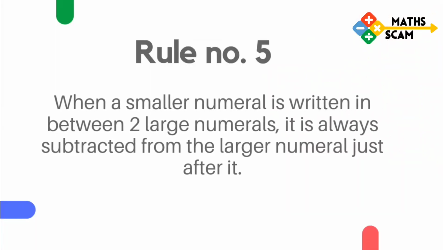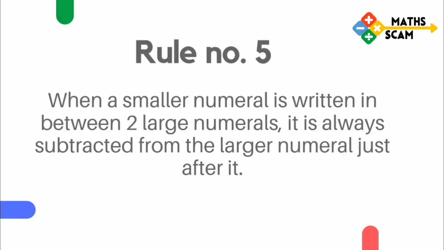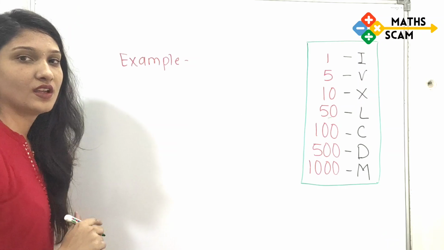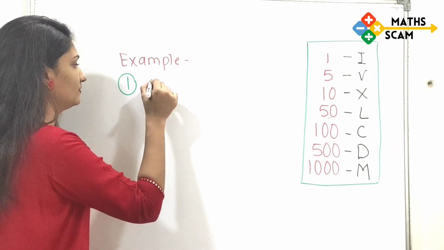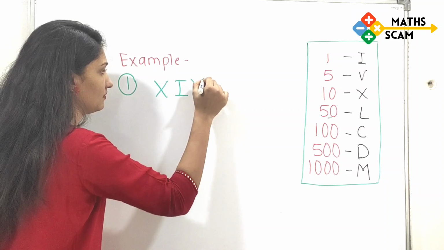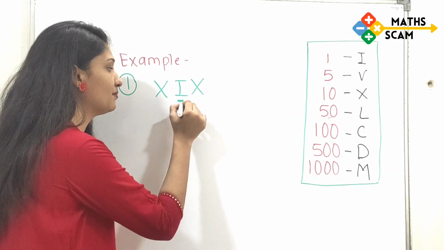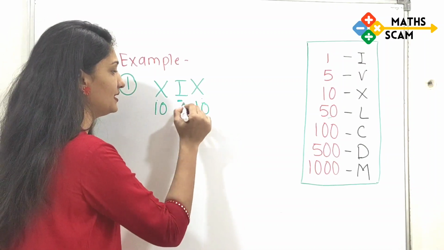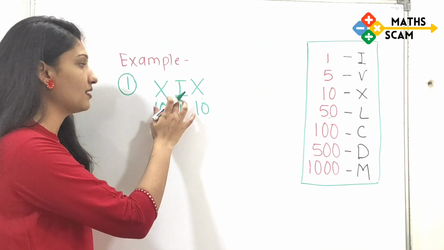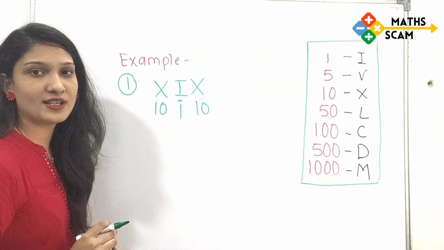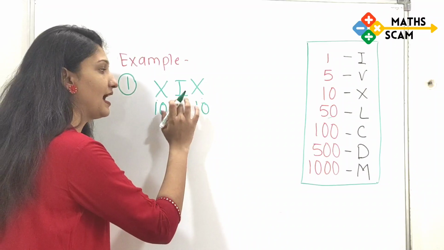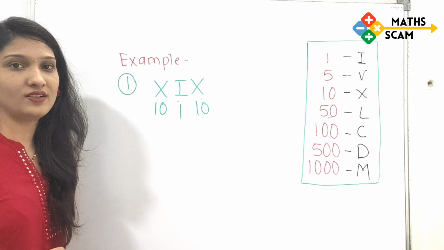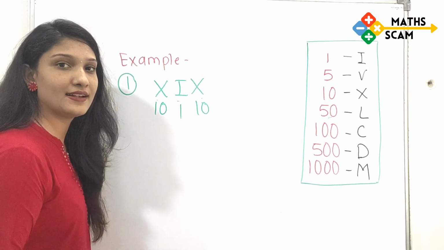When a smaller numeral is written in between two larger numerals, it is always subtracted from the larger numeral just after it. So for example, the smaller number is in between two larger numbers. One will say the I is after the first X, or one will say the I is before the last X. So how can we write it here?